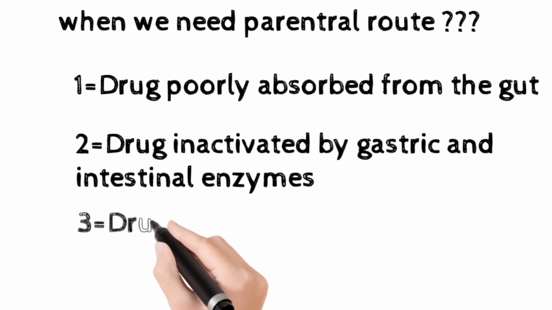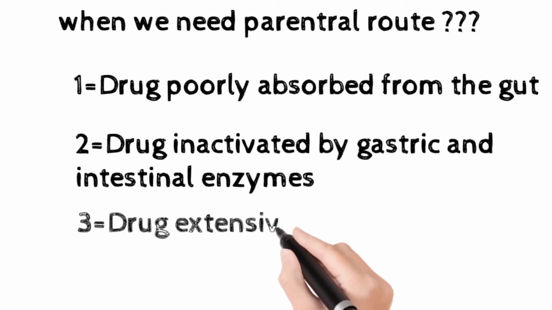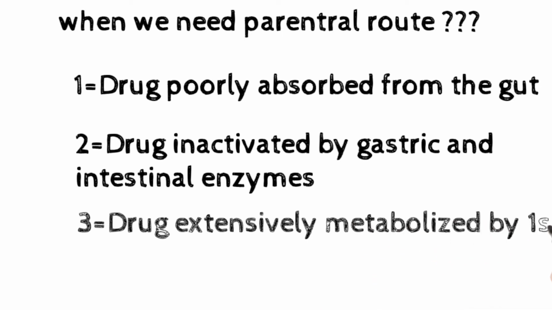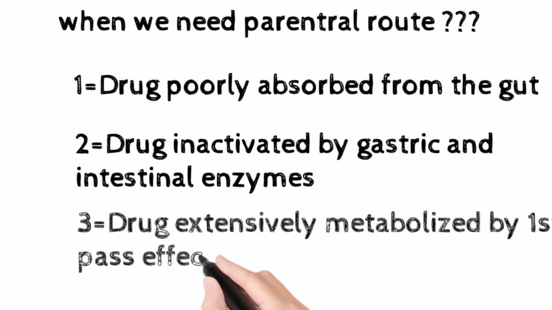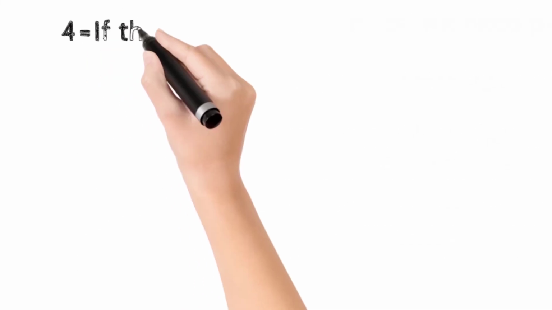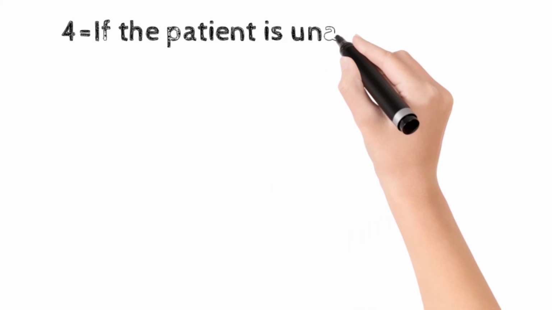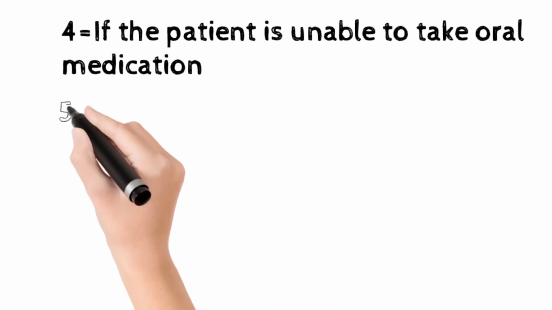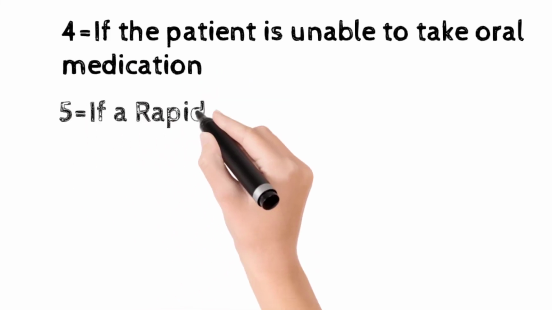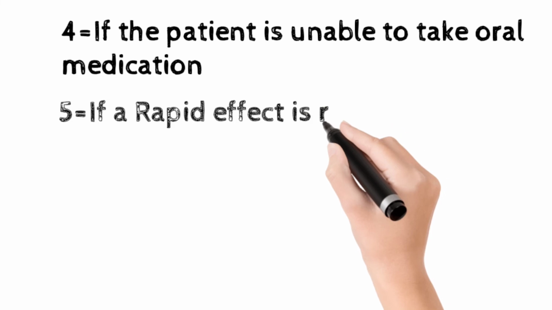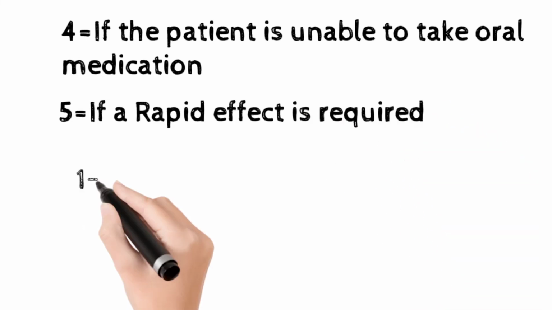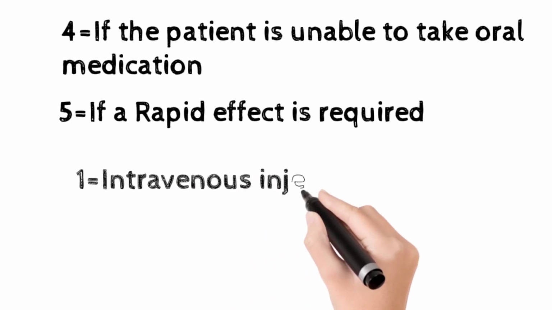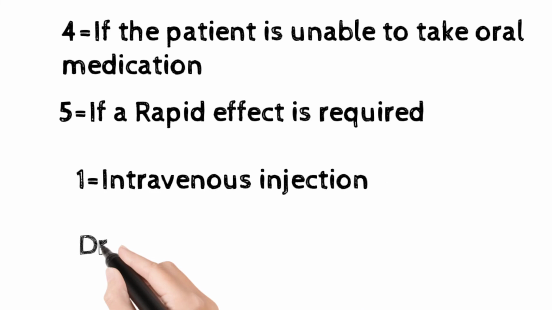Third, if a drug is extensively metabolized by the first pass effect. Fourth, if the patient is unable to take oral medication. Next, if a rapid effect is required, like in an emergency, again we use the parenteral route.